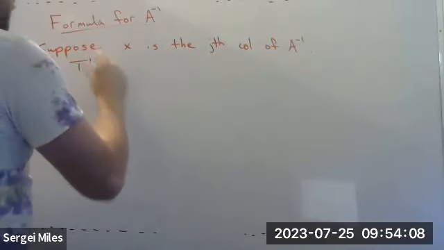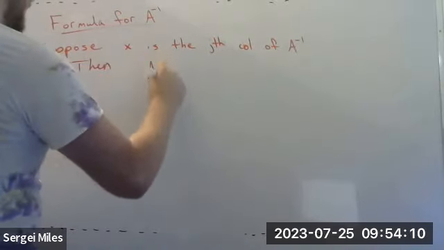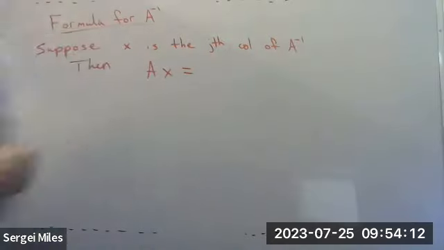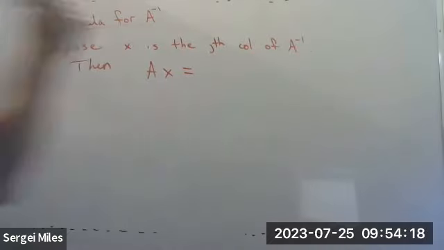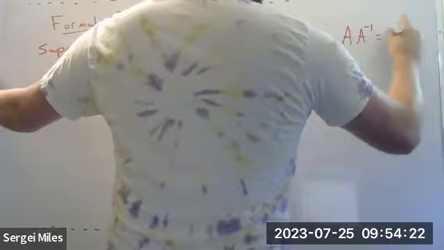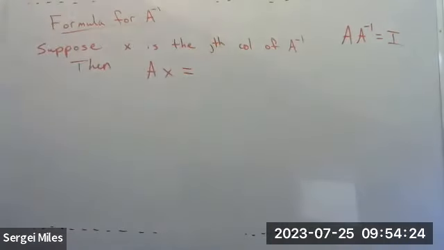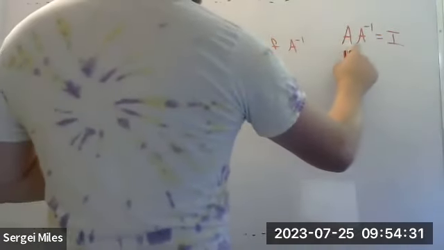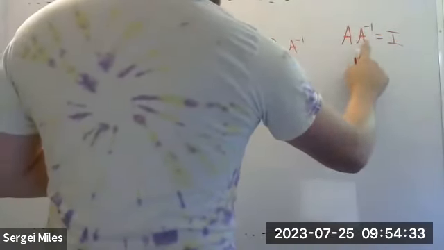Well, then, what is A times X? Because X is the jth column of A inverse, remember the whole point of multiplying A times A inverse is that this is supposed to equal the identity. When we do that dot product for a matrix times a matrix, we're doing a row of the left times a column of the right.